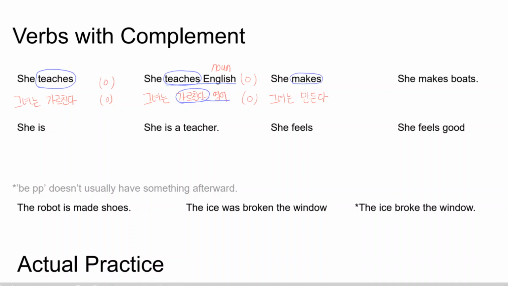Do you feel like something's missing here? Right? I feel like something's missing here, right? 그녀는 만든다. So what does she make? So we need something. We need something after the verb. It is mandatory, right? So we are missing something here. So we have a wrong sentence.